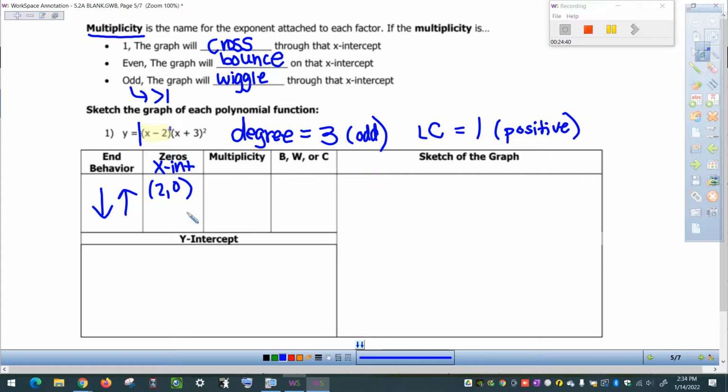Kind of a shortcut way to think about it is, hey, it's just going to be the opposite sign. Now the multiplicity is just the exponent that's attached to that part. Notice how the exponent on that part is 1. And because it's a 1, it's going to cross through that x-intercept.